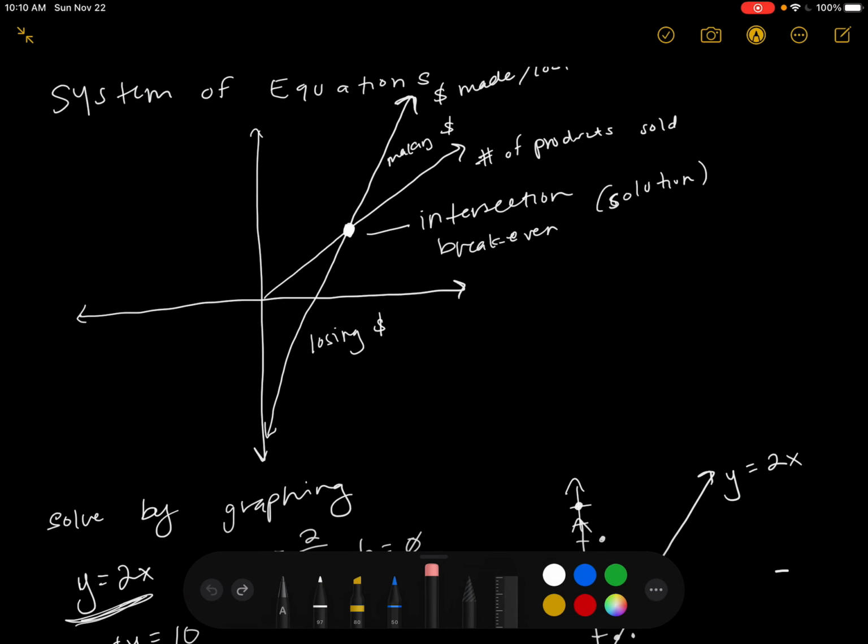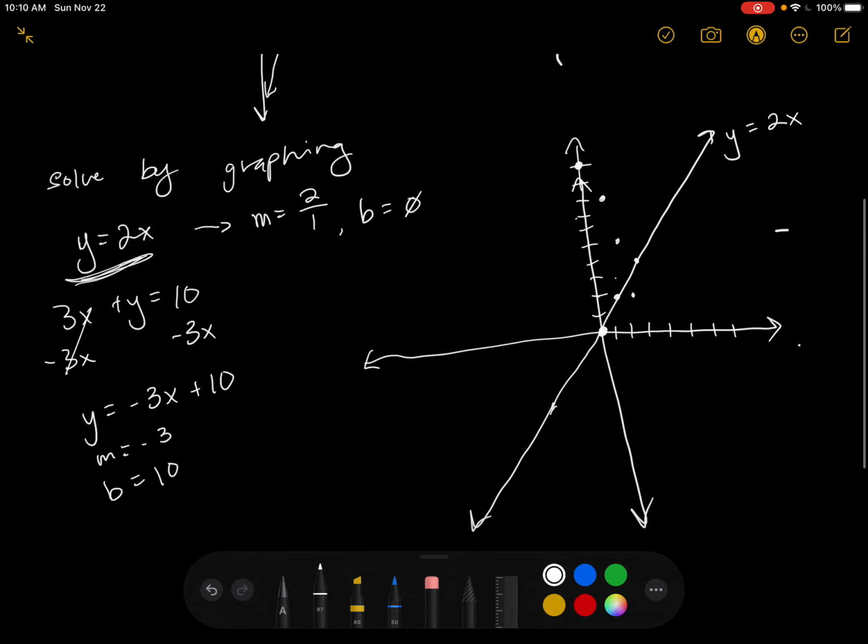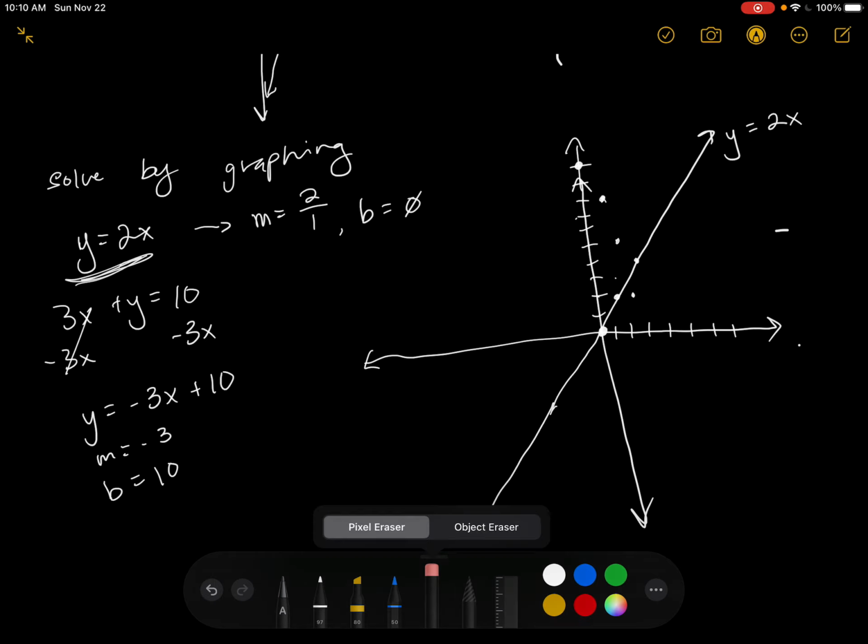Sorry. Oh, that's the smallest? Okay. There we go.